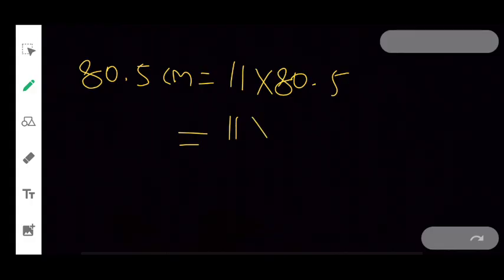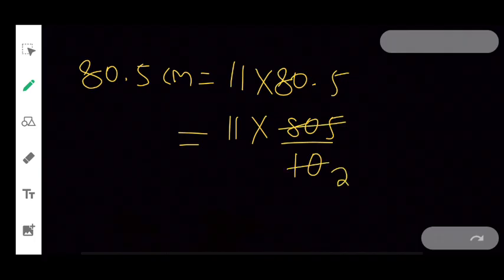Okay, so 80.5 centimeter represents 11 multiplied by 80.5. Okay, so 11 multiplied by, this will be 805 by 10. So 5 2s are 10, 5 1s are 5, 5 6s are 30, 5 1s are 5.